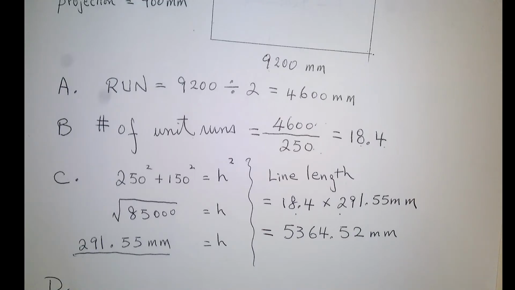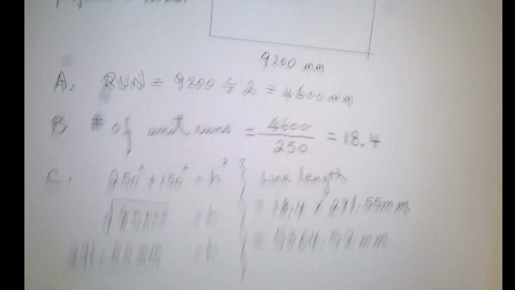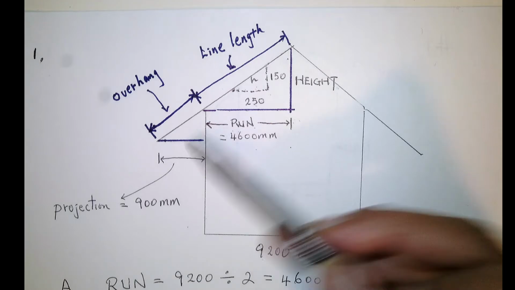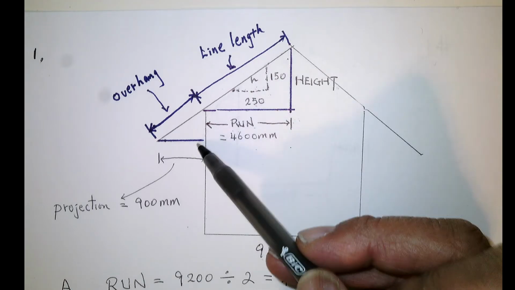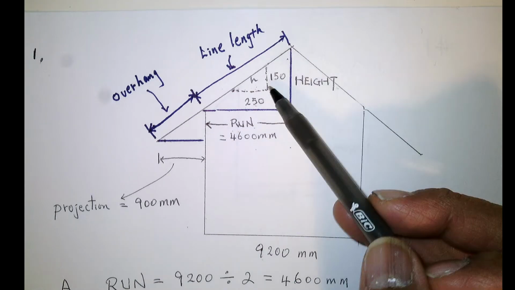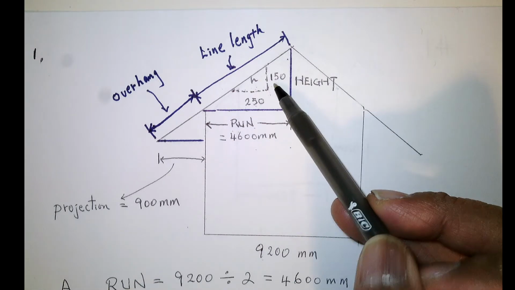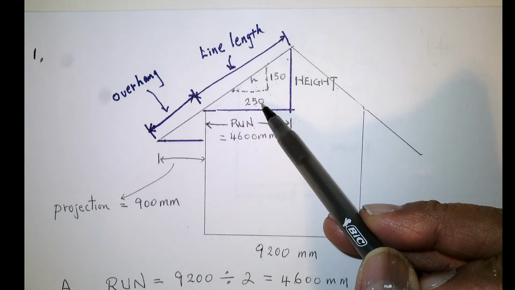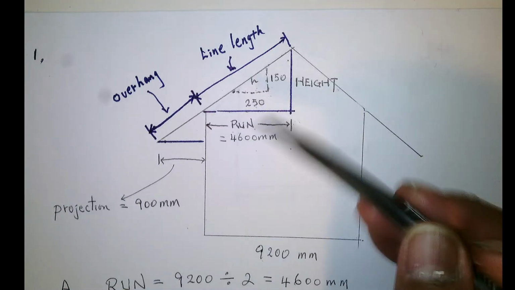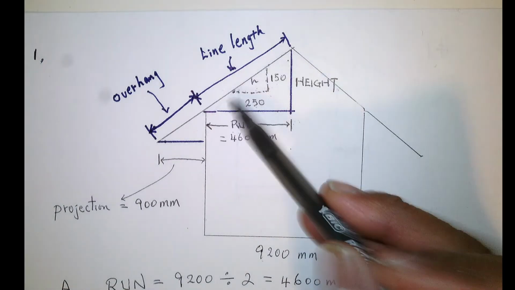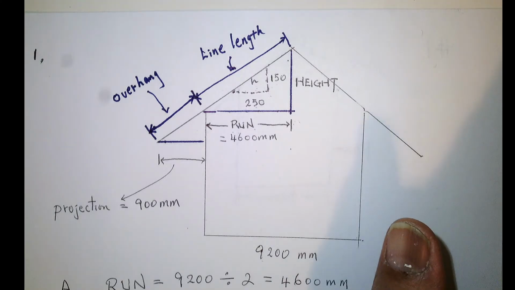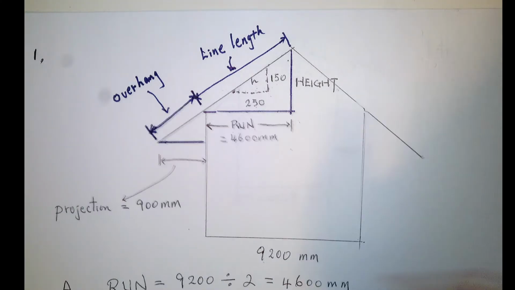You're dealing with the math concept that all 3 triangles have corresponding sides in the ratio of 150 over 250.